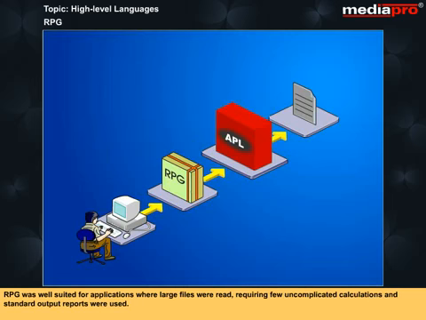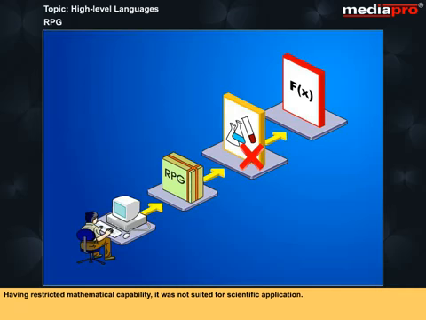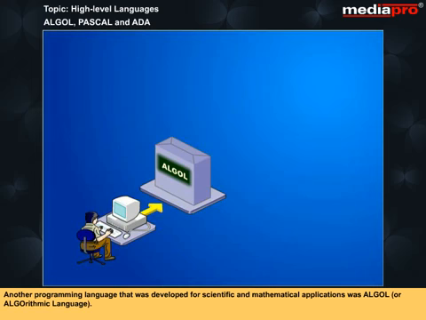RPG was well suited for applications where large files were read, requiring few uncomplicated calculations, and standard output reports were used. Having restricted mathematical capability, it was not suited for scientific application. Another programming language that was developed for scientific and mathematical applications was ALGOL, or Algorithmic Language.